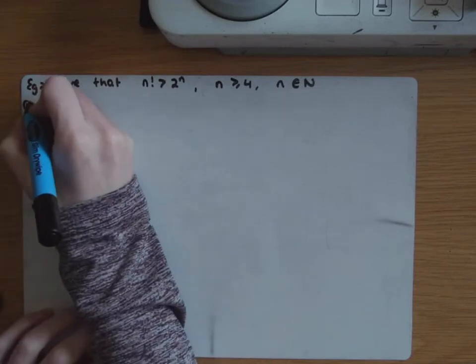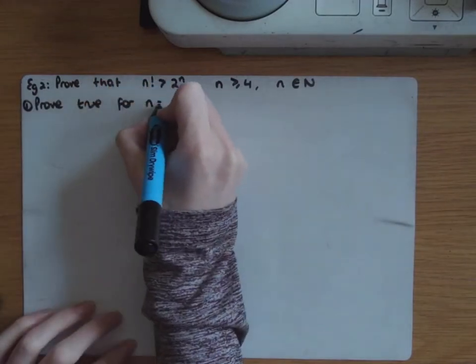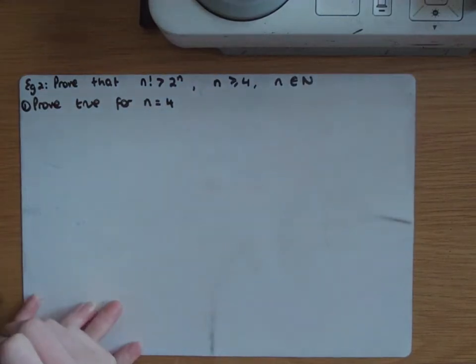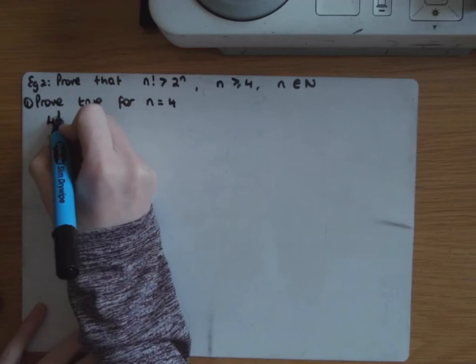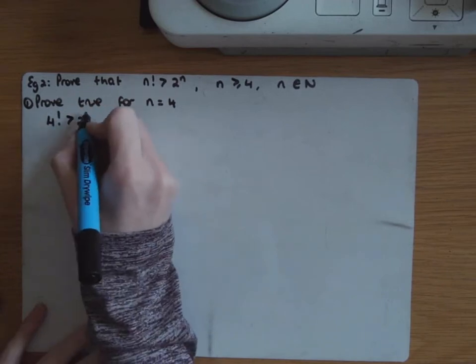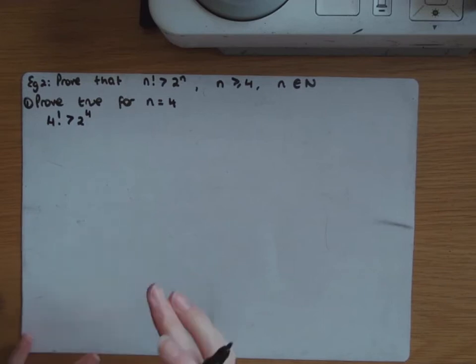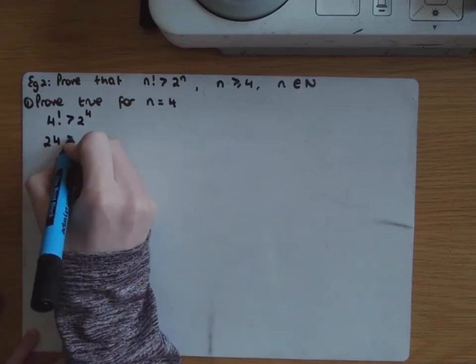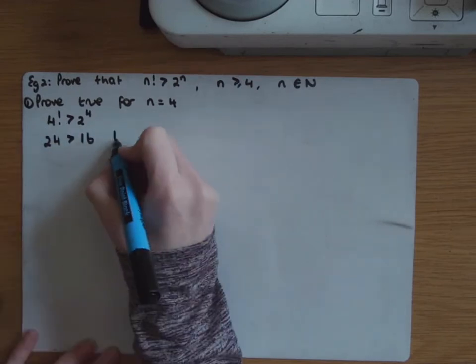So, number 1, prove true for n is equal to, what did they tell me, greater than or equal to 4, so n is equal to 4 is the one that I show first of all. That means 4 factorial is greater than 2 to the power of 4. Okay, so 4 by 3 by 2 by 1 is 24, and 2 to the power of 4 is 16. So 24 is greater than 16, that's true.